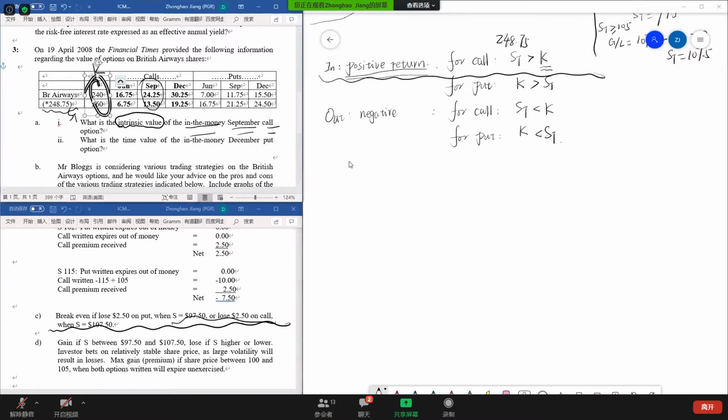So it's 240. Then the price of the September call option is 24.25. So the price of the call option is 24.25. Then we calculate the intrinsic value.